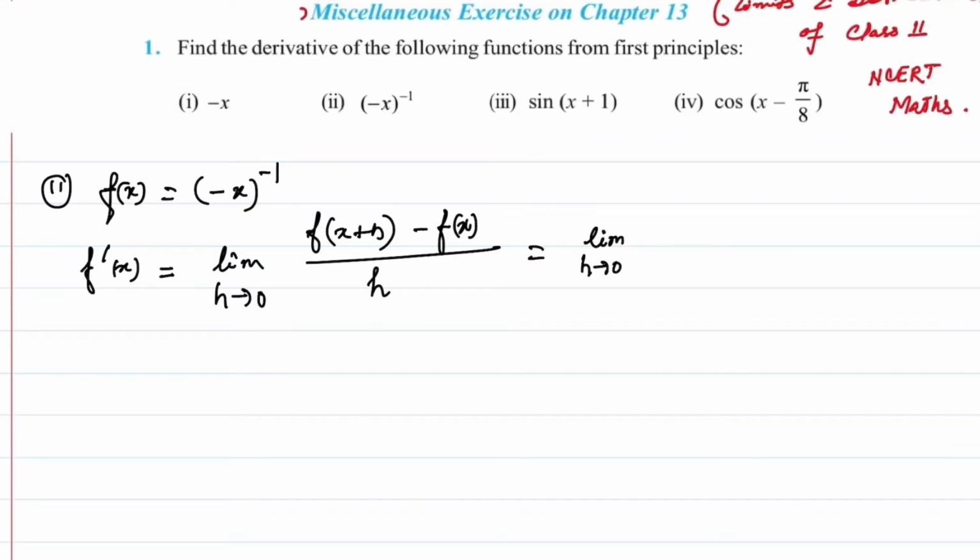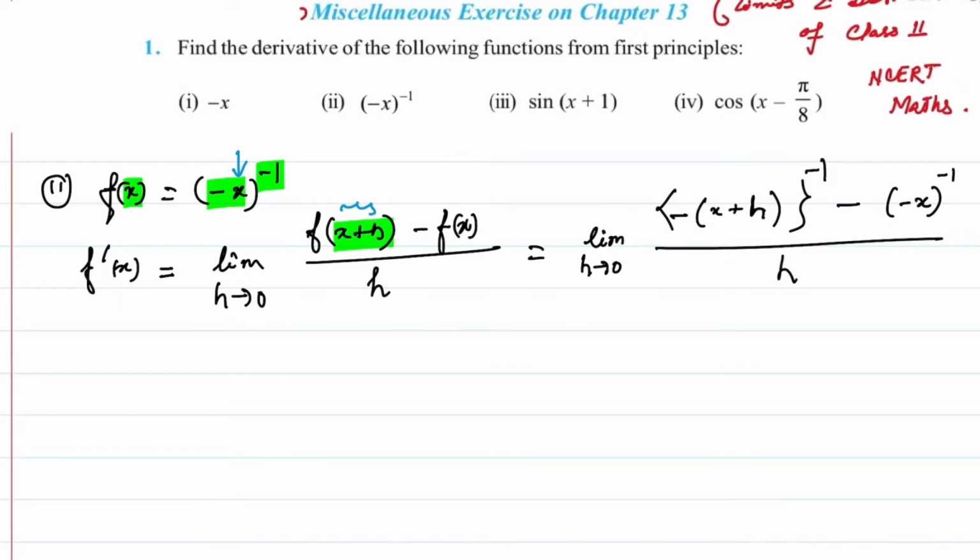Here, if f of x is minus x whole to the power minus 1, then in order to obtain f of x plus h, replace this x by x plus h. Doing so, we will get minus x plus h whole to the power minus 1. And f of x is given, that is minus x whole to the power minus 1, divided by h.